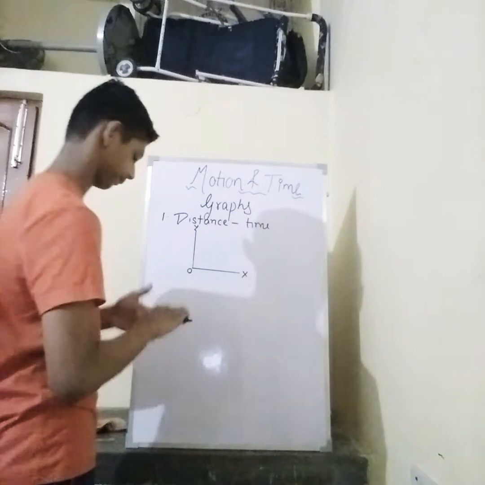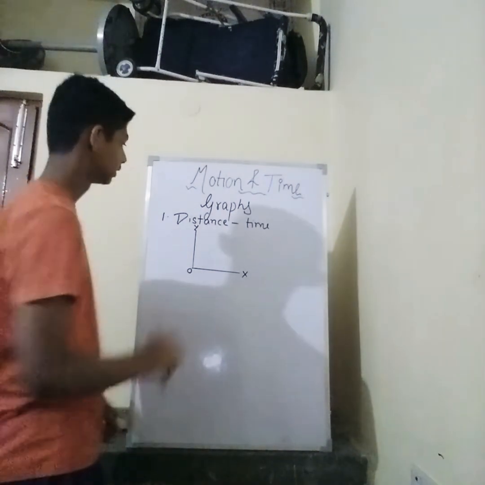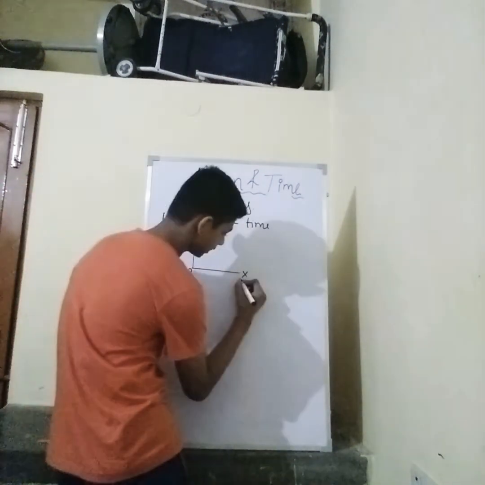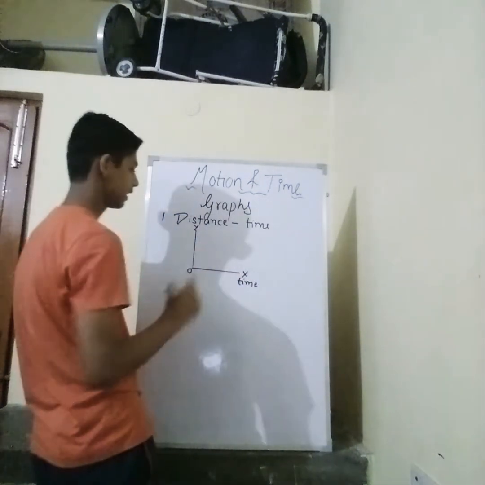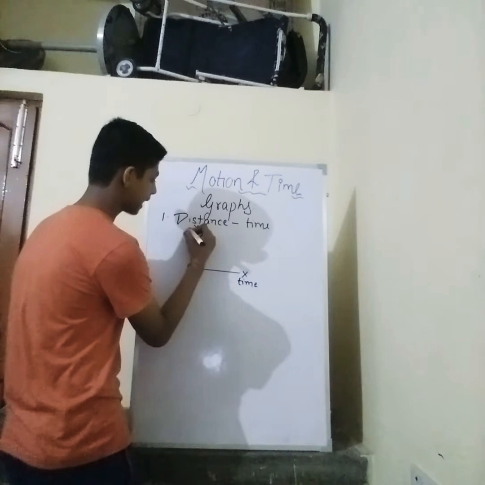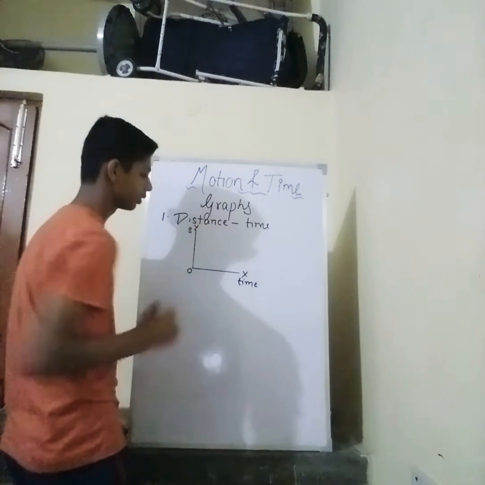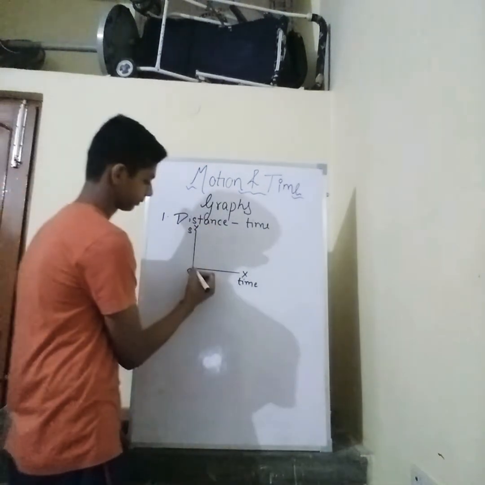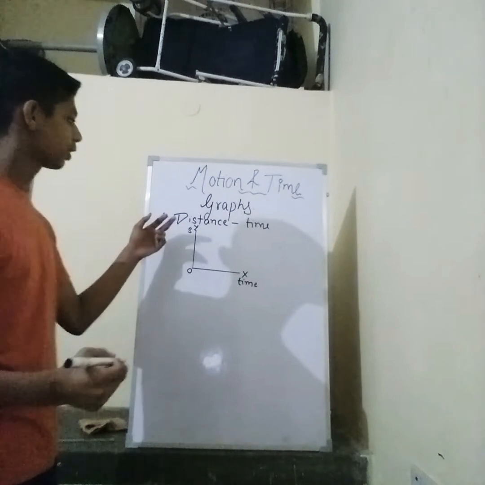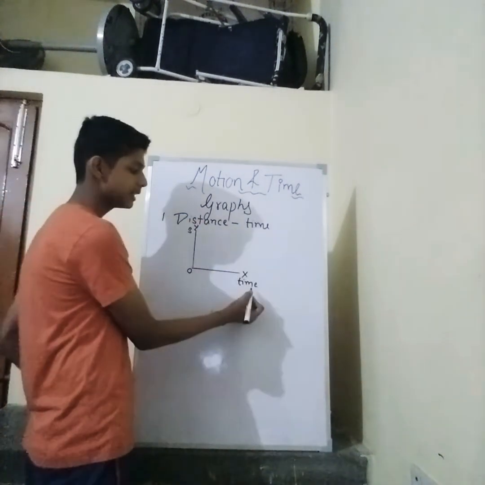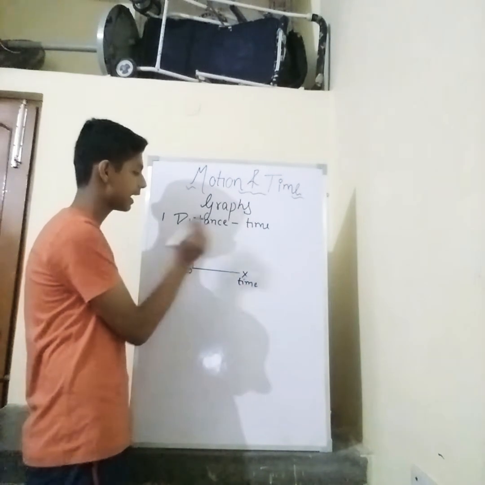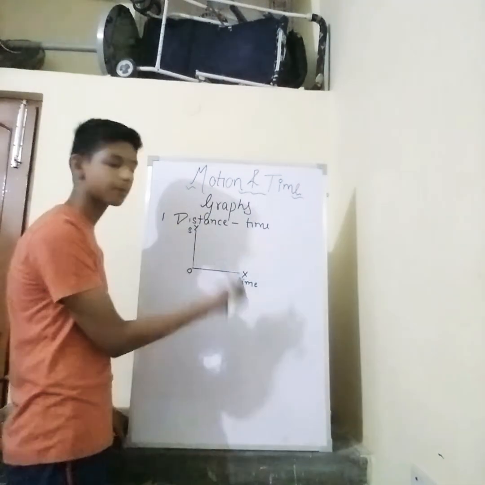Now here we plot time on the x-axis and I am writing s for distance. I have plotted distance on the y-axis and time on the x-axis because time is the independent quantity and distance is the quantity that depends upon time.